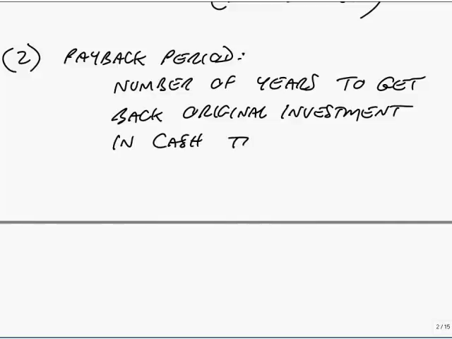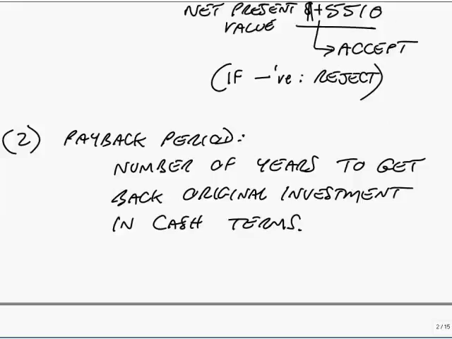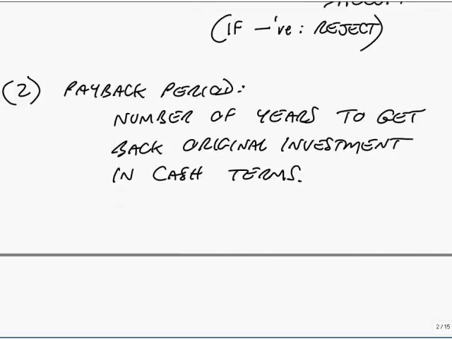Again, we look at cash flows. This project cost me 75,000, so looking at the receipts, it's simply saying, how long does it take to get back 75,000? Clear?